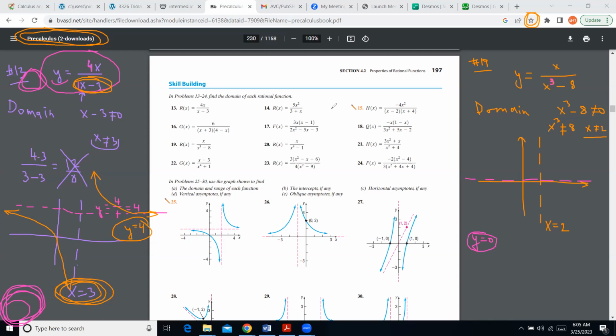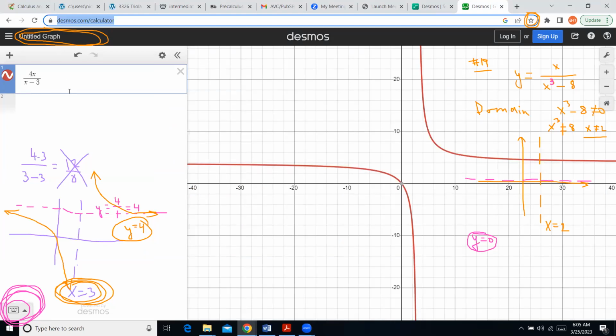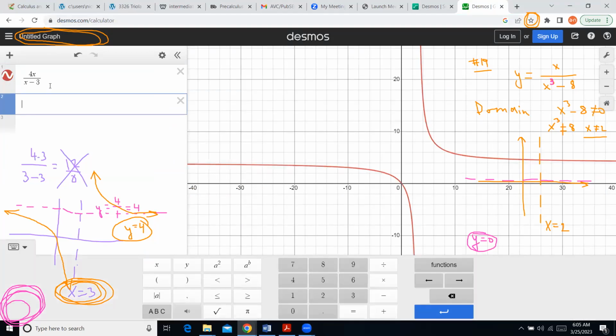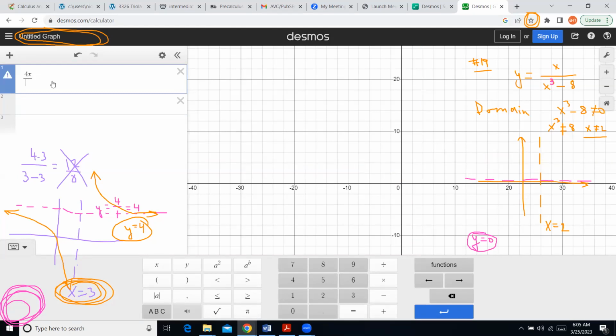So let me try to make a picture of this particular function using my new friend, the graphing calculator. So I'm going to just move to the next record, or I can just delete the previous one and divide x by x cubed minus... x to the power of 3.